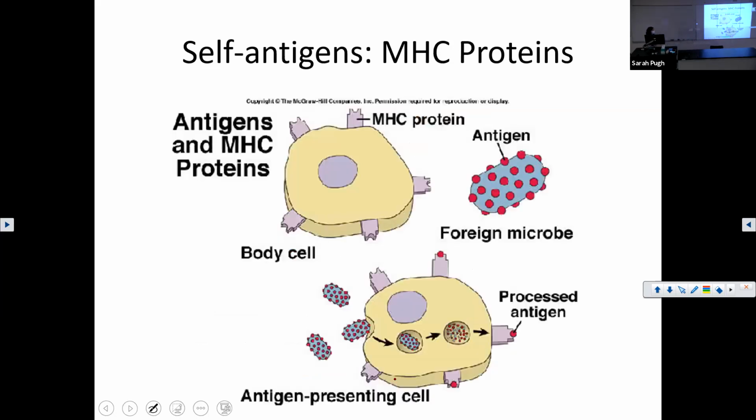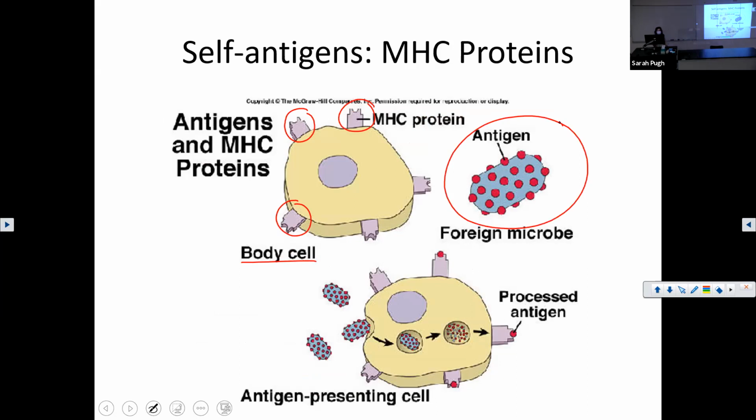But here's an image that's showing you this. You can see at the top, here's our body cell in yellow. And you can see the MHC proteins on the surface. Let's say this body cell gets infected. Here is this foreign microbe over here, and you can see it has foreign antigens all over the surface that don't belong.